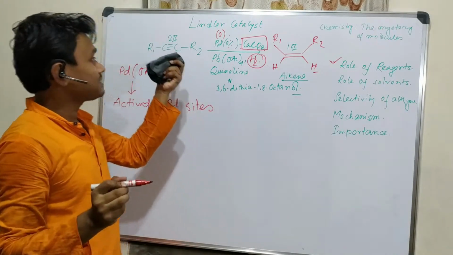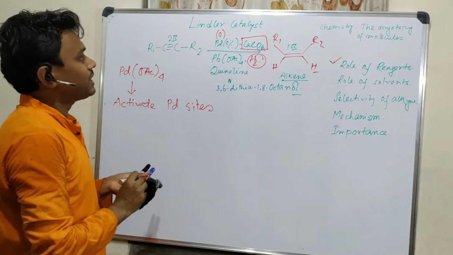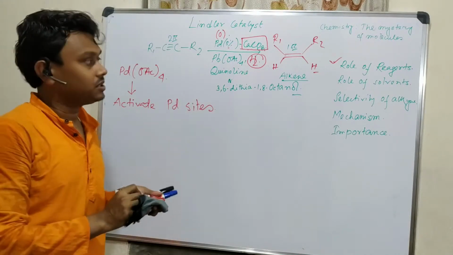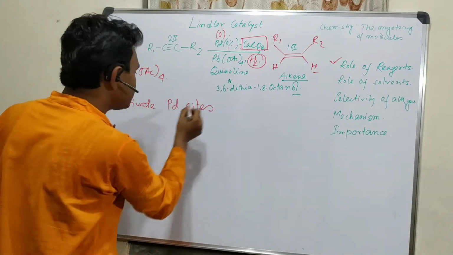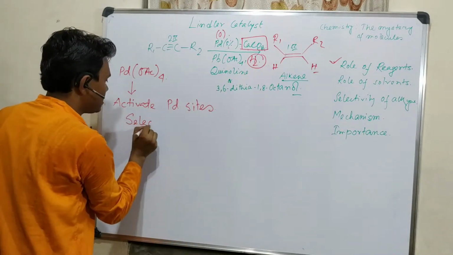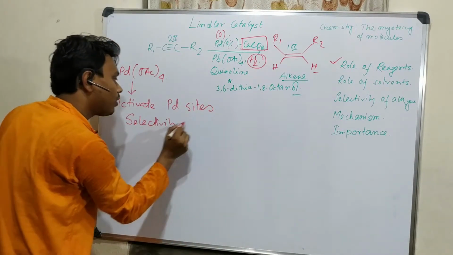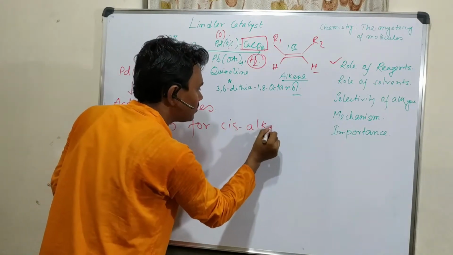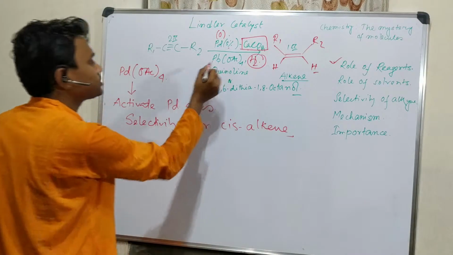I explained previously this palladium is so reactive that it achieves over reduction into alkane, but this provides active sites to give the selectivity for cis-alkene. Okay, this is the role of lead acetate.